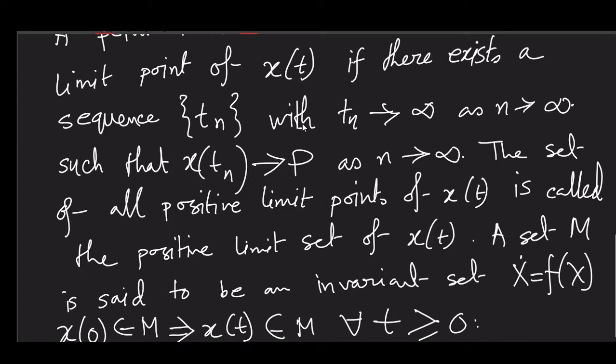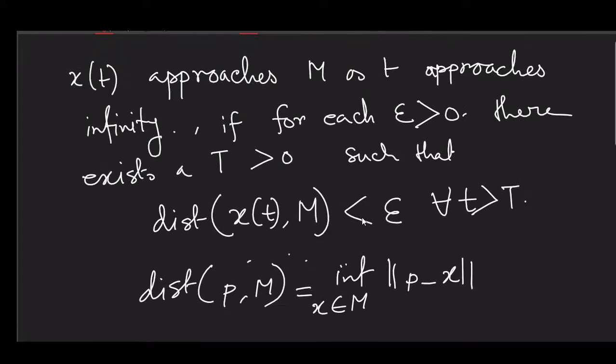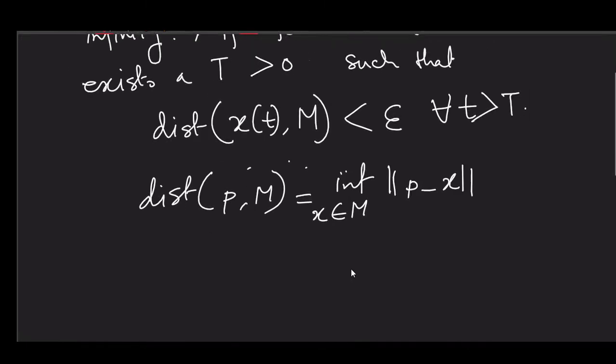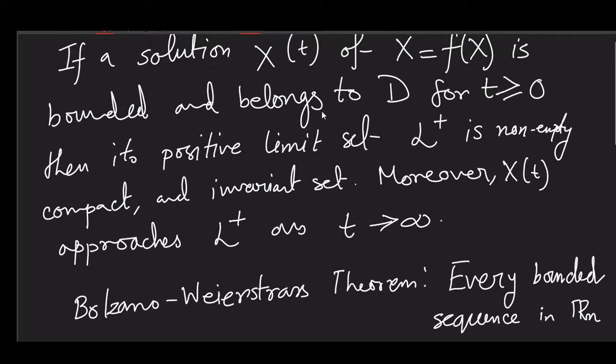So if you consider that L plus, now if your x(t_n) is bounded, that means it will obviously converge to a point, right? Now if that is convergent, why do we need the Bolzano-Weierstrass theorem?